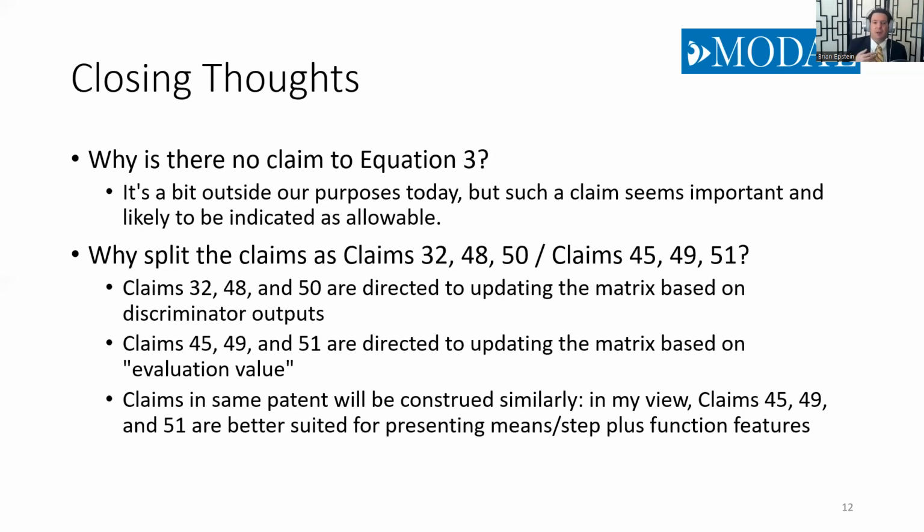In my view, I would elect claims 32, 48, and 50. I would cancel 45, 49, and 51. And I would instead present claims of means plus function or step plus function features to give it some diversity, but to also have a positive effect on the existing independent claims, 32, 48, and 50.